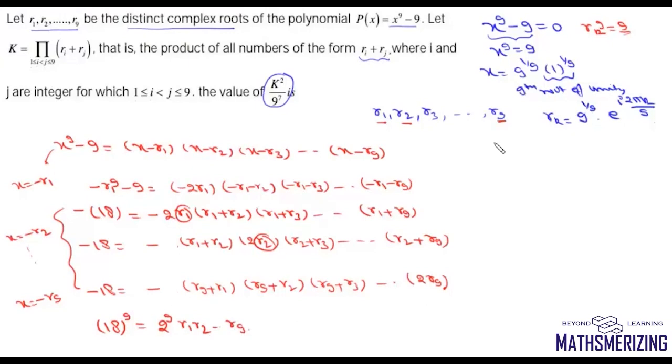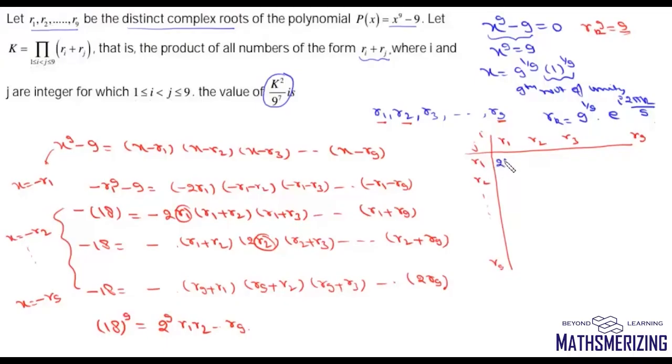Now if we look at this grid of i and j, suppose here we have i, which is r1, r2, r3 and r9, and here we have j, which is r1, r2 and r9.